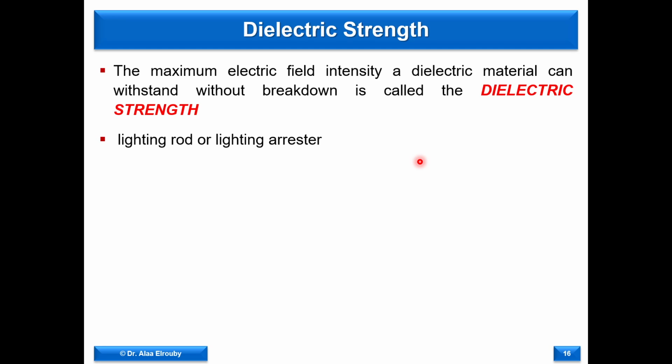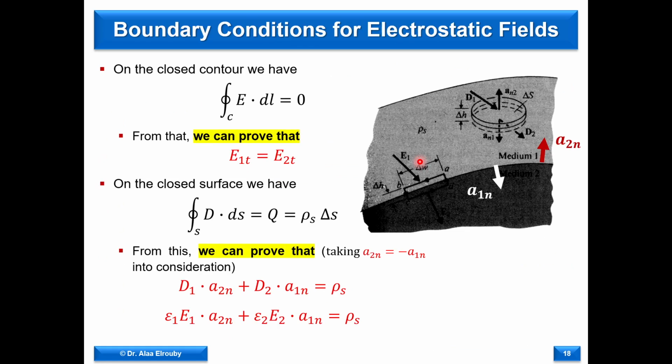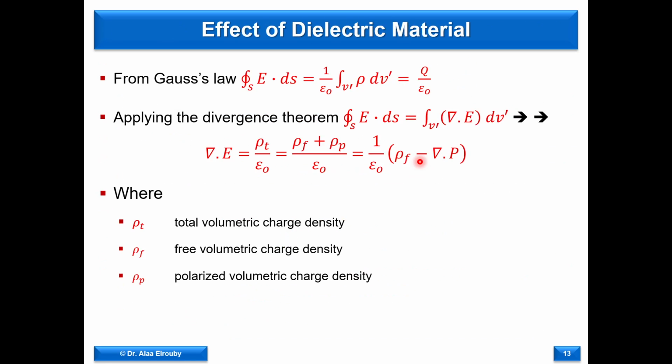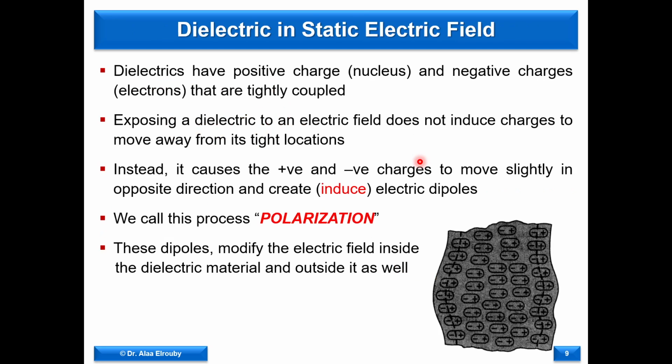The electric field is trying to separate the electrons and protons apart from one another, and increasing the strength of the electric field will cause this separation to increase till we reach a point where the positive charge and negative charge are completely separated. In this case, we have what we call a breakdown of the dielectric material.